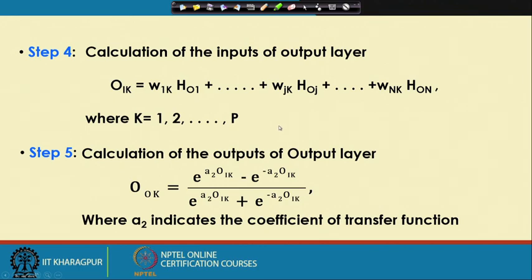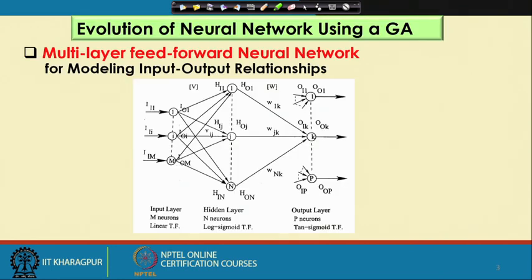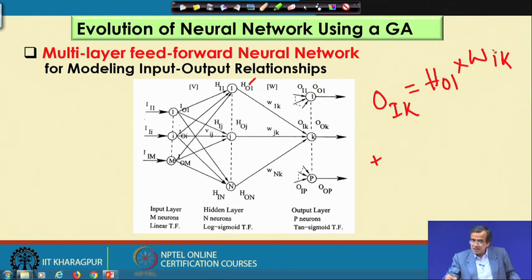Now, let us try to see from the diagram or the figure of this network. Supposing that I am just going to calculate this particular O_Ik. This O_Ik is nothing but the input of the kth neuron lying on the output layer, and this is nothing but H_O1 multiplied by W_1k, plus a few terms, which I am not writing.